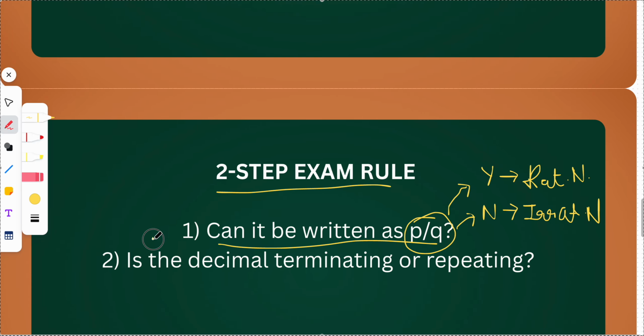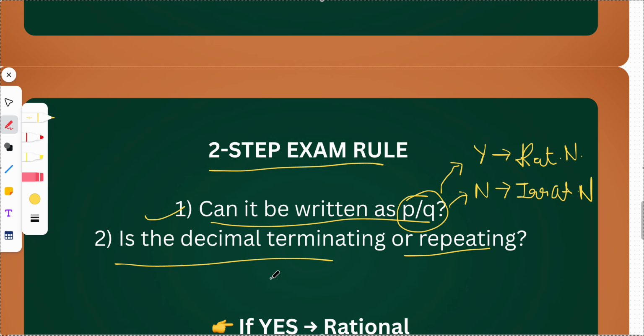The second question you will ask is: is the decimal terminating or repeating? Is your decimal expansion terminating or repeating? If the answer is yes, then you will answer that it is definitely a rational number.